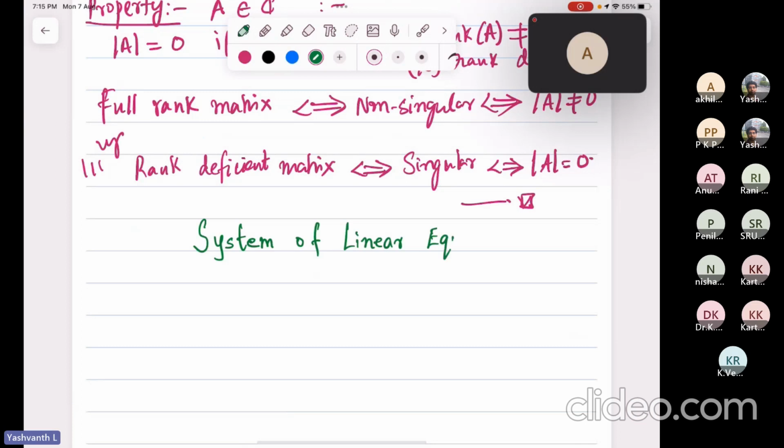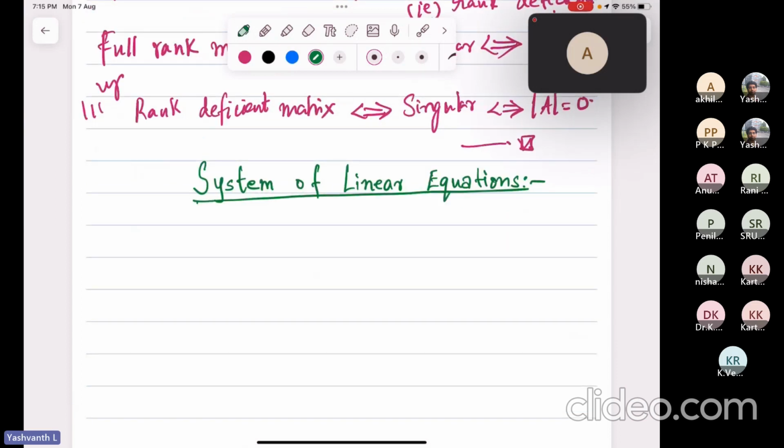So we're going to study in depth all the possibilities of this particular concept called a system of linear equations. This is very, very important. In fact, it is one of the very useful applications of linear algebra in day-to-day life, in terms of solving for some unknowns.